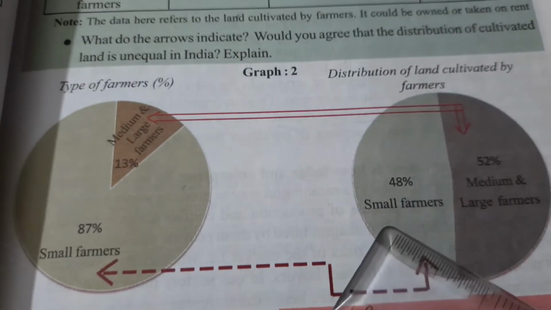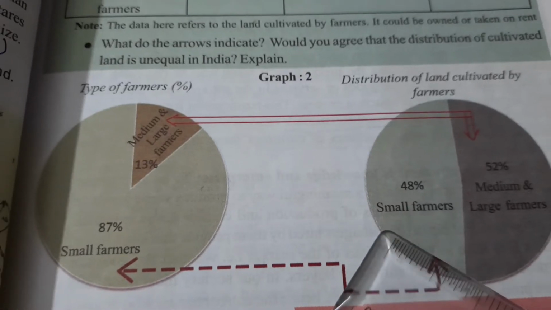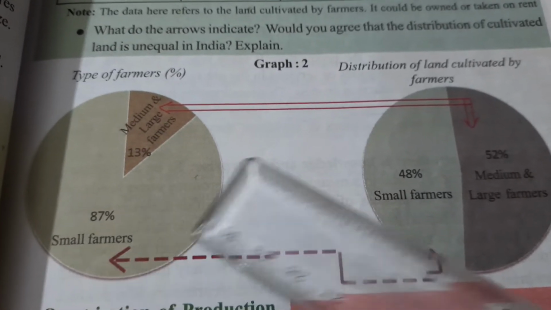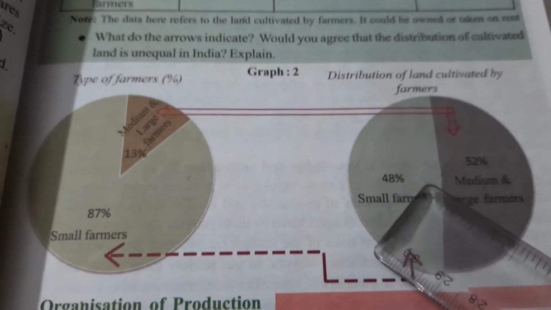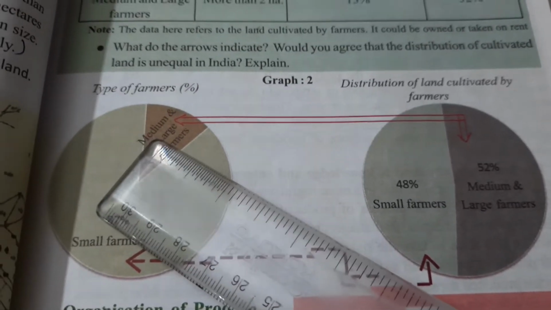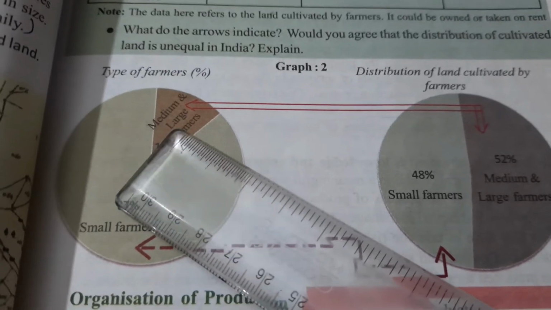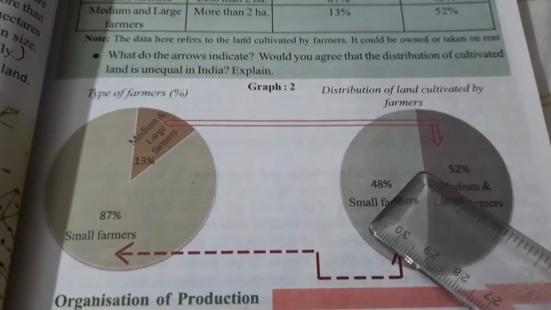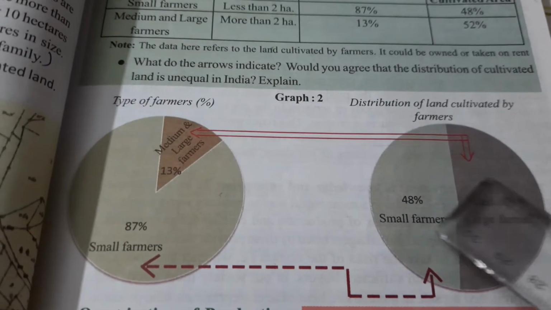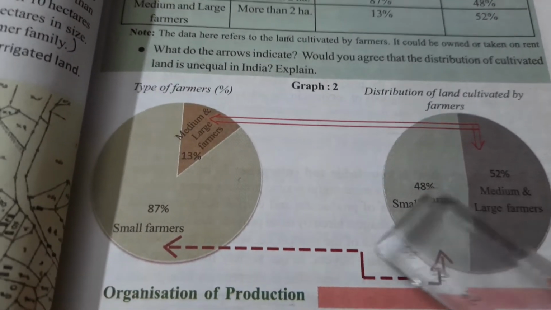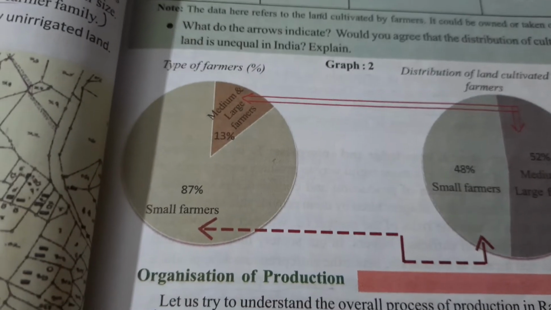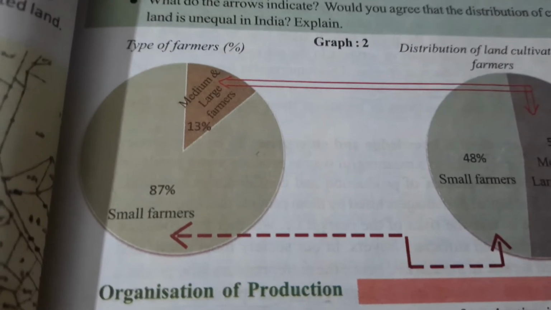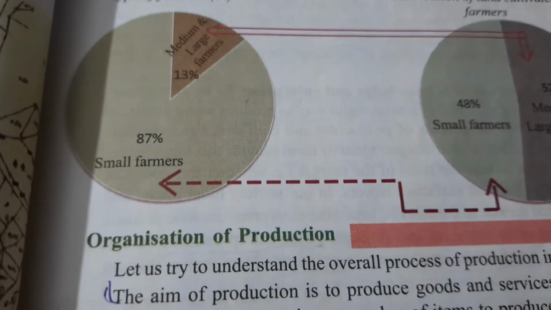And the cultivable area, small farmers who are comprising 87% of the population, they cultivate only 48% of the land, whereas the 13% of farmers who are big farmers, big land holding, they cultivate 52% of the land. So the majority of the land area is in the hand of a small group of farmers who are very rich and who are like zamindars.